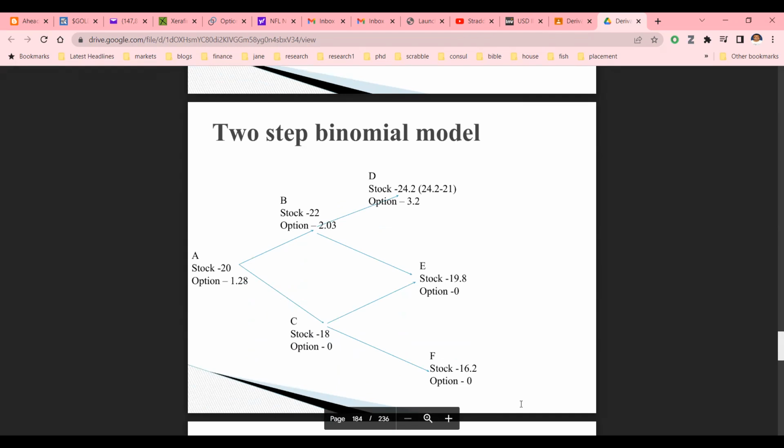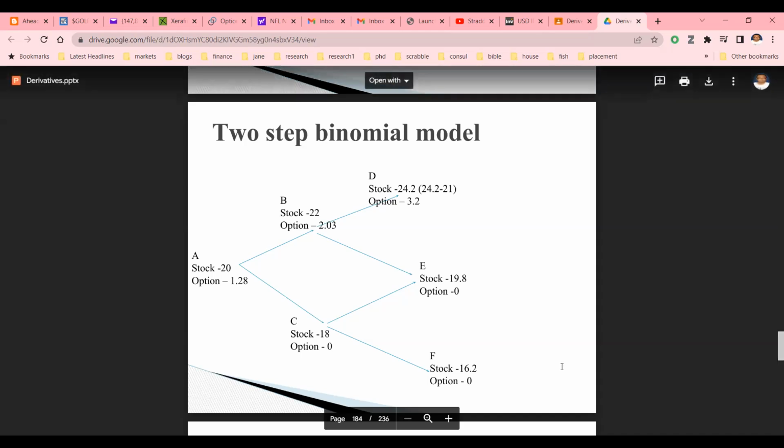So when the stock is 24.2 at point D, it is 24.2 minus 21. At point E, the stock price is only 19.8, so it is expired, worthless, because the stock price is less than the strike price. Same as point F. So immediately we will write those values as 0.